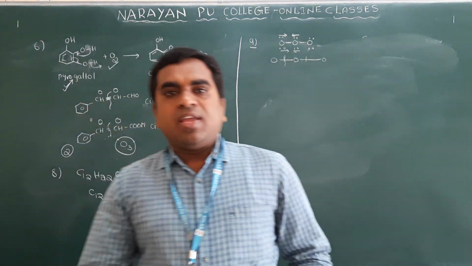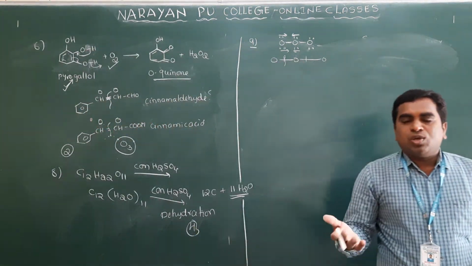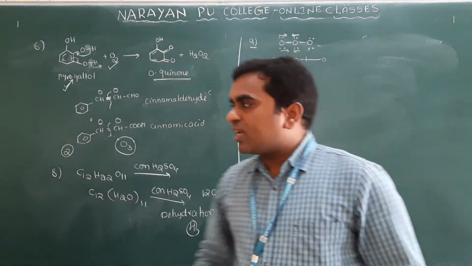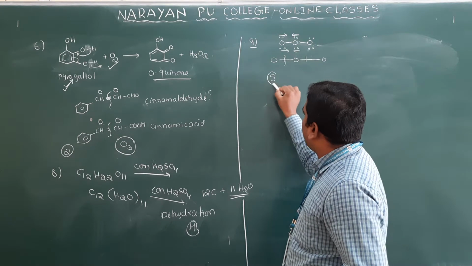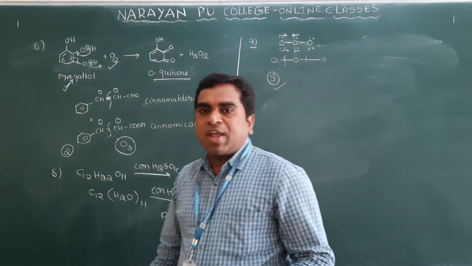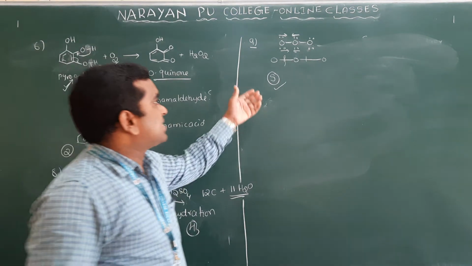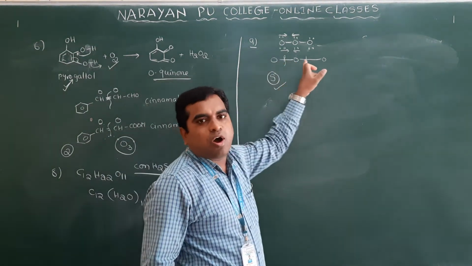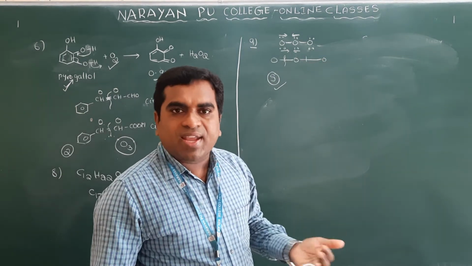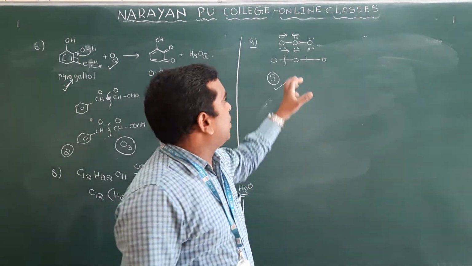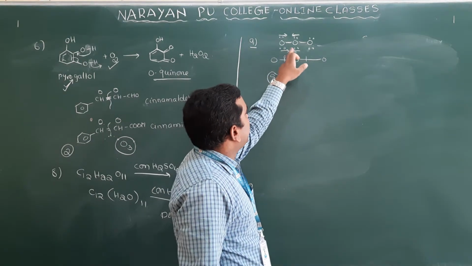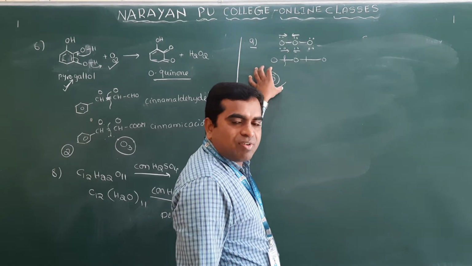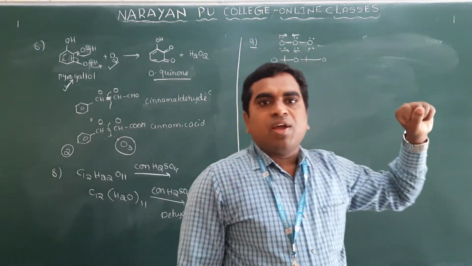So it will show very low catenation property. Clear? Among these, sulfur. Actually oxygen should show the maximum catenation property, but because the lone pair repulsions are more in oxygen, the next atom, sulfur, will show the maximum catenation property.